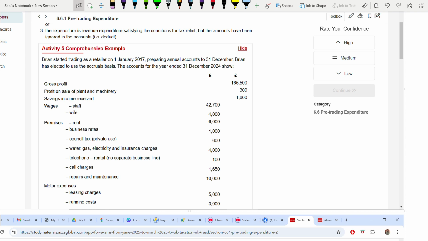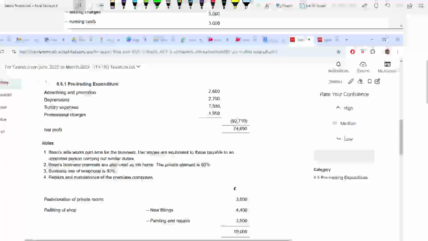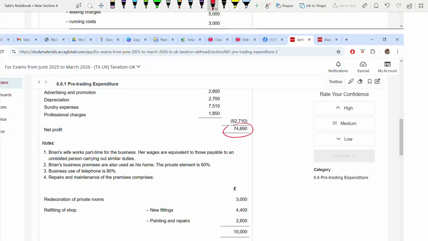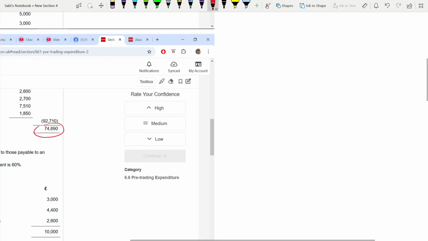Activity 5. So now we'll start activity 5 from our net profit. It's very important that you should know your starting point. Okay, so this is the place we'll start from. Net profit 64,690.